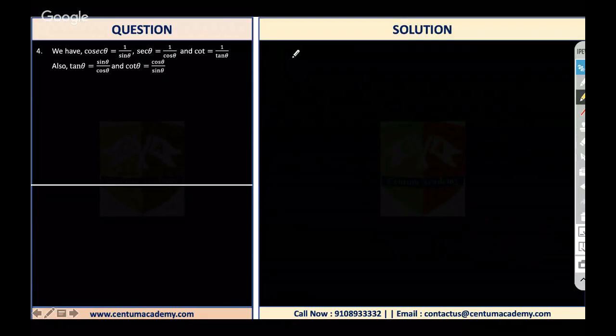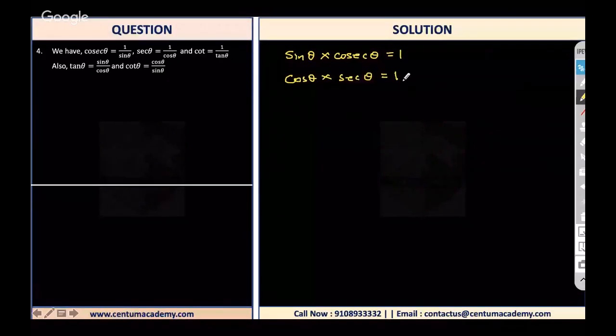Sine theta into cosec theta is always 1, cos theta into secant theta is always 1, and tan theta into cot theta is equal to 1. These are all reciprocals, so you don't need to be much worried about it.